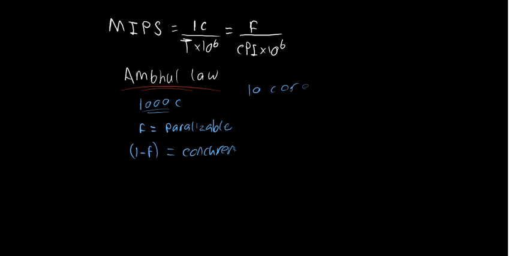So if you have more sequential code than parallelizable code, you can have 1000 cores, but you won't get that huge of a performance increase as opposed to if your entire code was parallelizable, meaning it can be run on all those CPUs. In that case, the more cores you add to your CPU, the faster your program will run, hence reducing the amount of time.